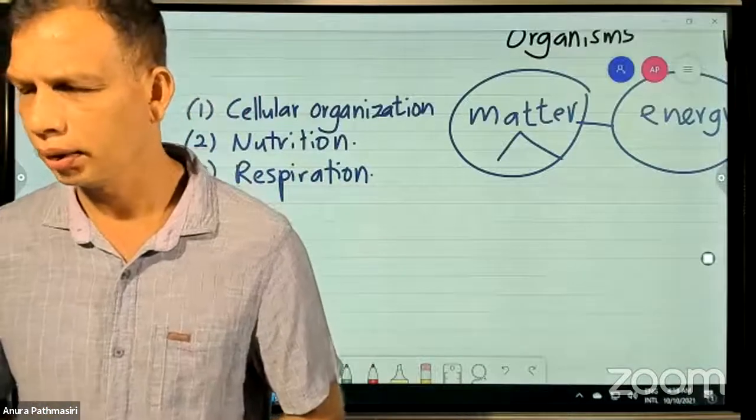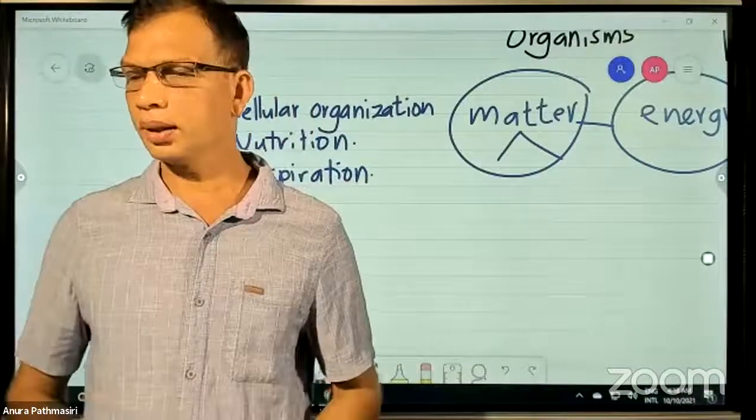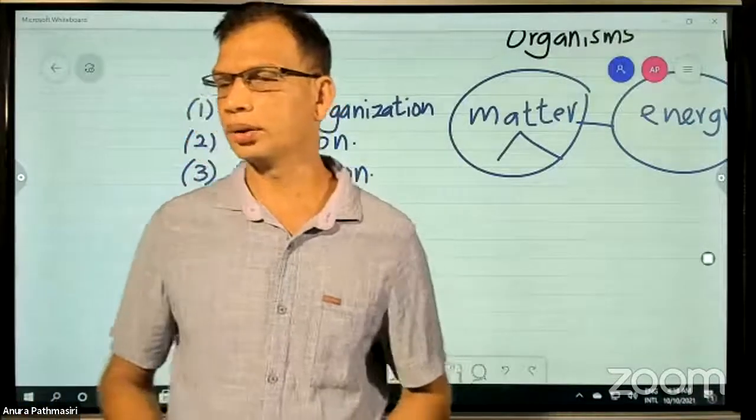Then, what is the other one? The next one is irritability and coordination.